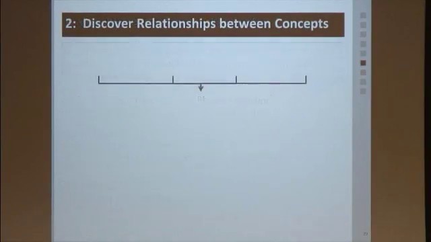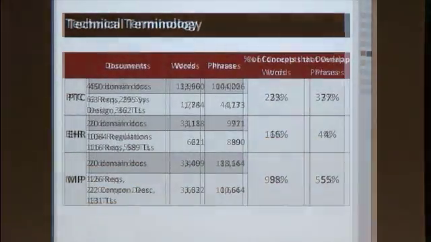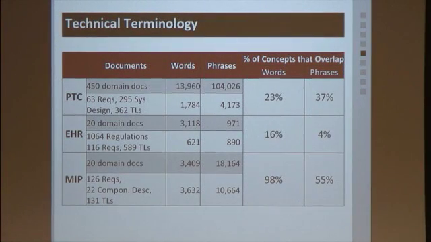Okay, so one of the problems we have here is, for example, with this positive train control, our industrial collaborators gave us 450 documents about positive train control. So that's quite a lot. They're quite lengthy. And we basically mined them for nouns and noun phrases, so we focused only on that.